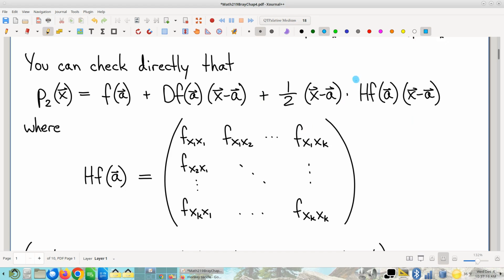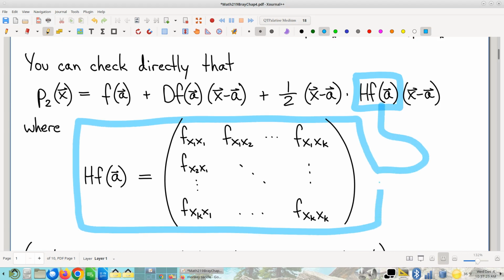So the most interesting new part of this is, of course, this matrix. It is called the Hessian matrix, thus the notation. It's defined by that formula right there. It's just a matrix of second partials arranged in the obvious way. By the way, don't forget that when you're talking about an appropriately nice function, which order you do the partials in doesn't matter.